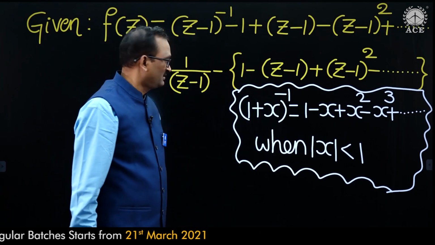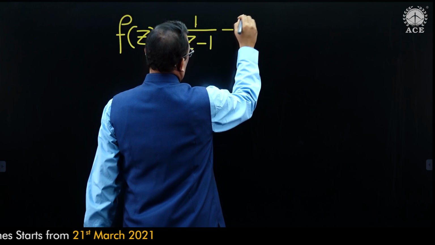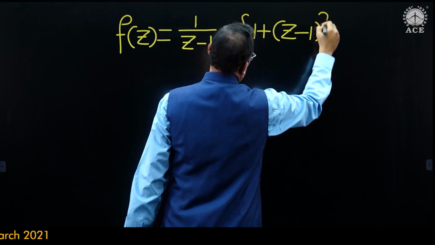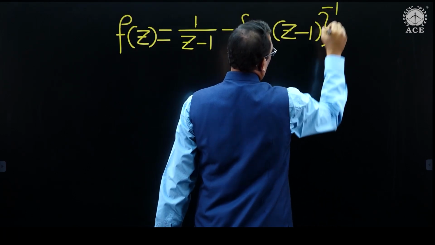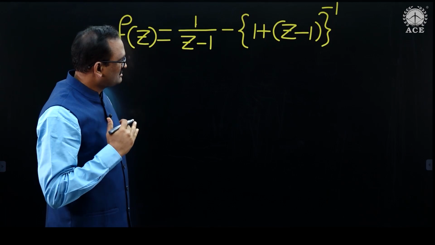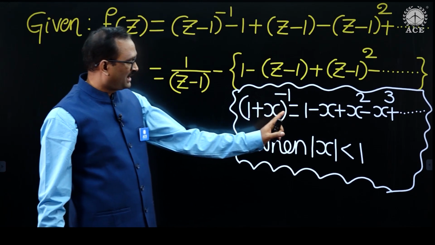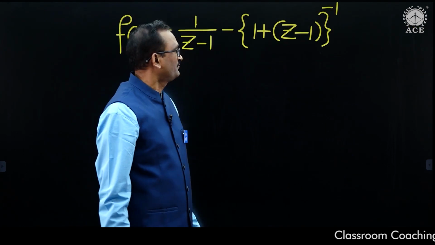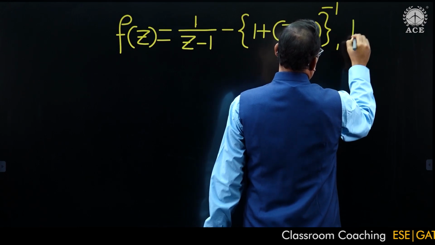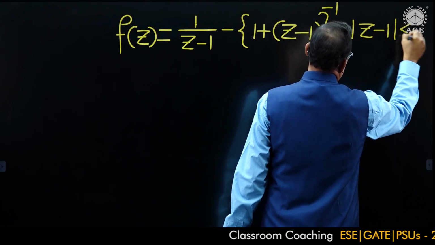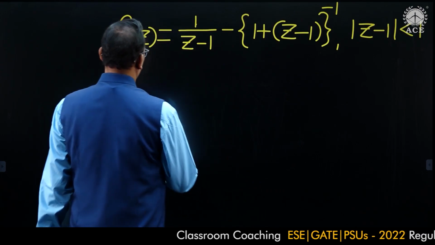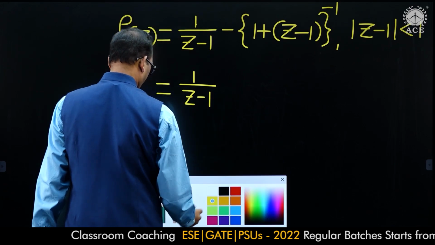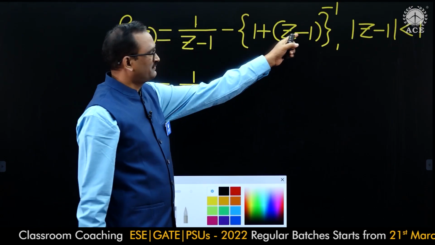X means z minus 1. 1 plus x, x means z minus 1, 1 plus x whole power minus 1, but this 1 plus x whole power minus 1 is valid in the region mod x less than 1. x means z minus 1 is valid in the region mod x less than 1. So this is equal to 1 by z minus 1. Here plus 1 minus 1 cancel.